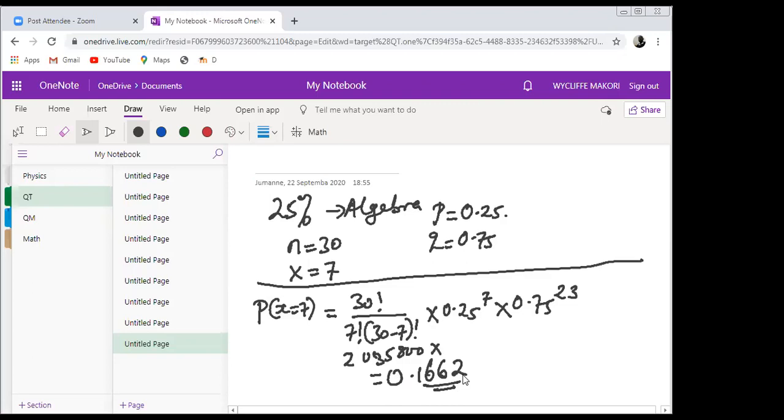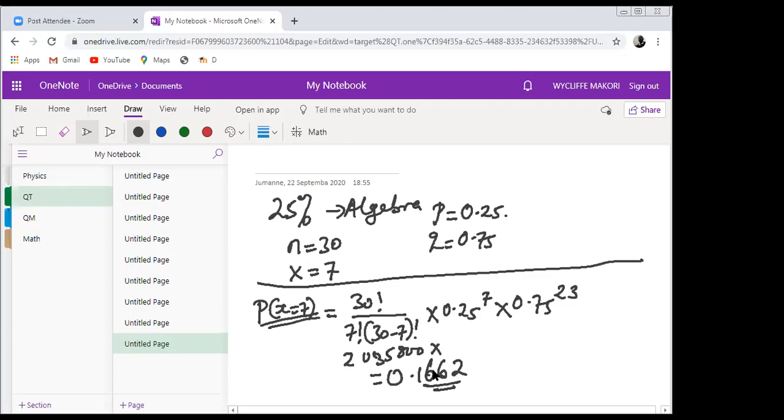Yes. Okay. And note always, anytime we are calculating probability, the probability cannot be greater than 1. Always your answer should be 0 point something. If it is more than 1 or if it is negative, then that answer is automatically wrong.